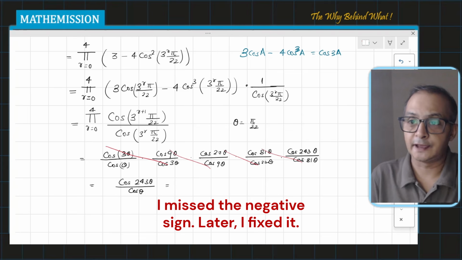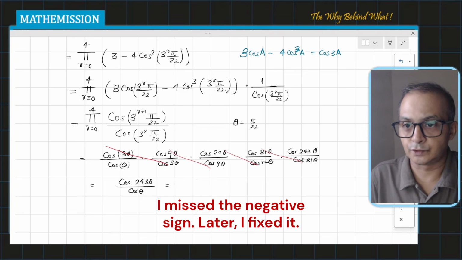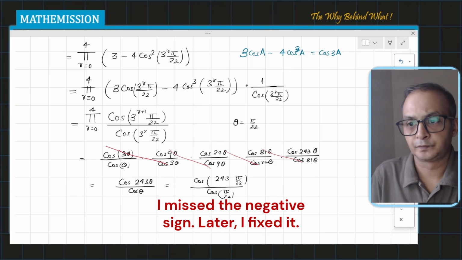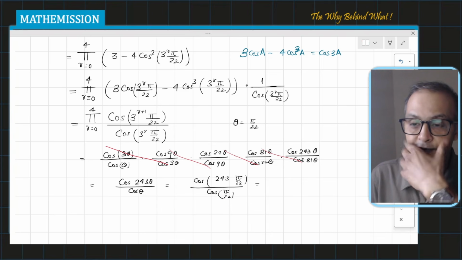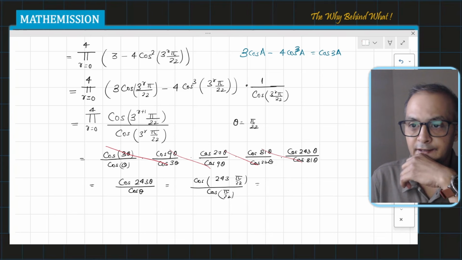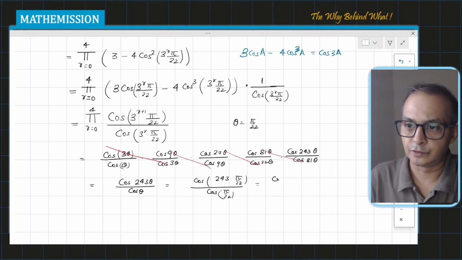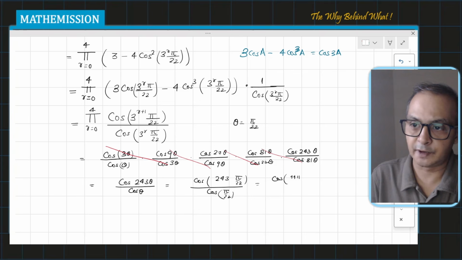But notice theta is pi by 22, so I can write cosine 243 pi by 22 divided by cosine pi by 22. Now this 243 is one more than a multiple of 22. We can see that this is 11 times pi plus pi by 22.